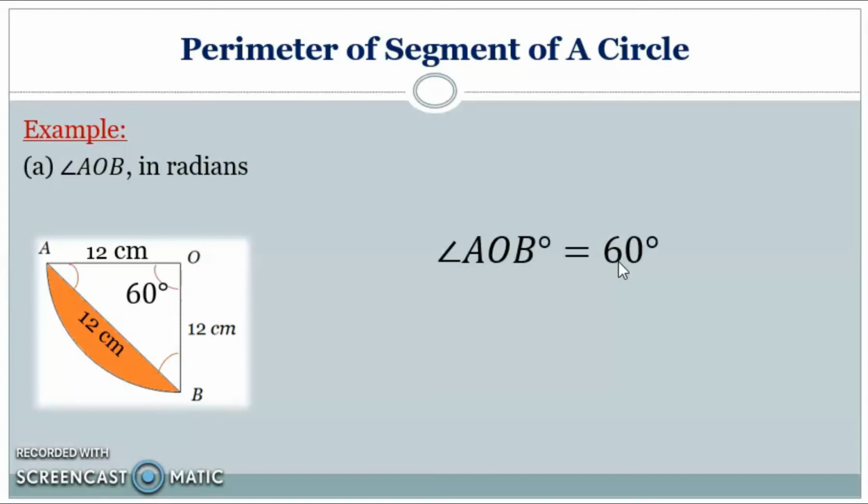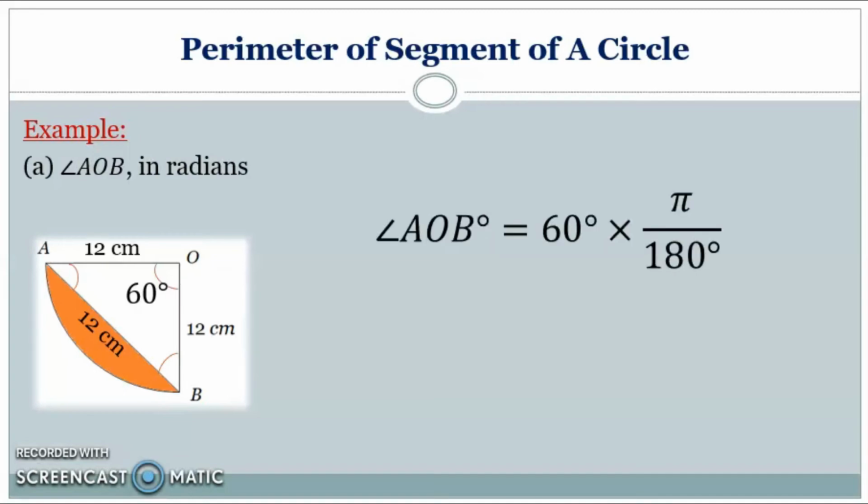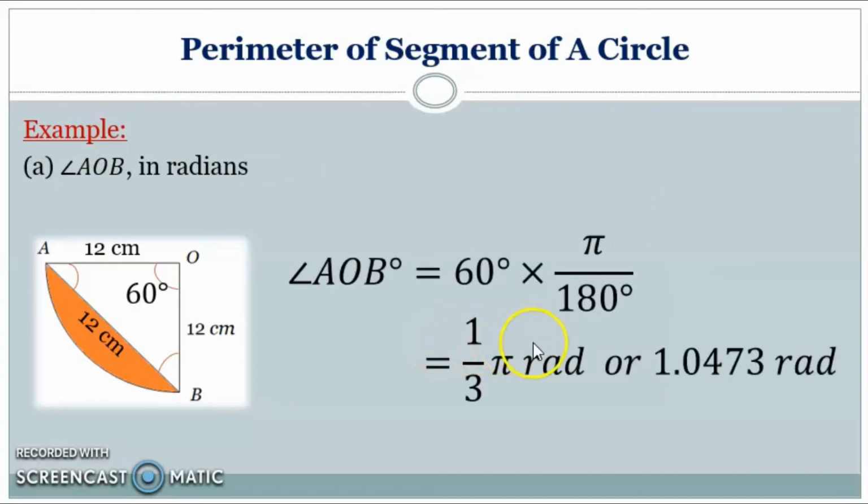We convert 60 degree to radian by multiplying 60 degree with pi over 180 degree. This gives us 1 over 3 pi radian or 1.0473 radian.